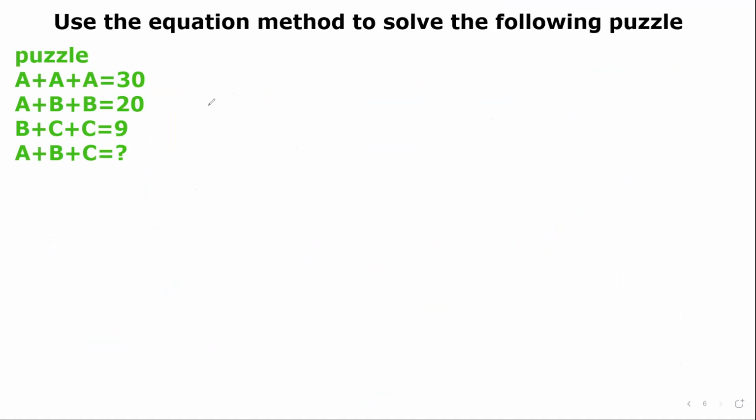Now let's use equations to solve the following puzzle. Okay, we have the puzzle here. You need to solve this puzzle, and then once you know the equation, we solve this. So the first thing you have to do is what? We label the equations.